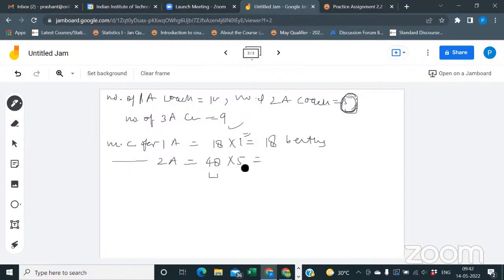So 5 into 48 will be 240. Now similarly for third AC, you have a total of 9 coaches and the maximum capacity is 64. So it will be 64 into 9. What will that be? 576.